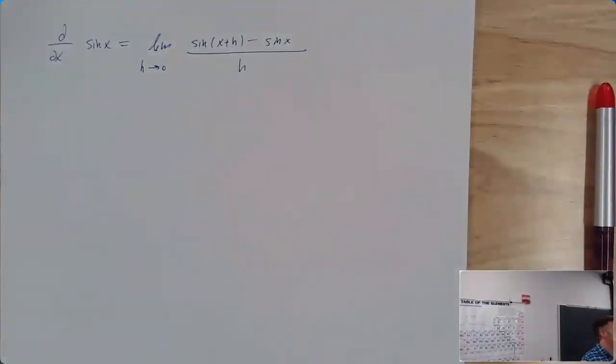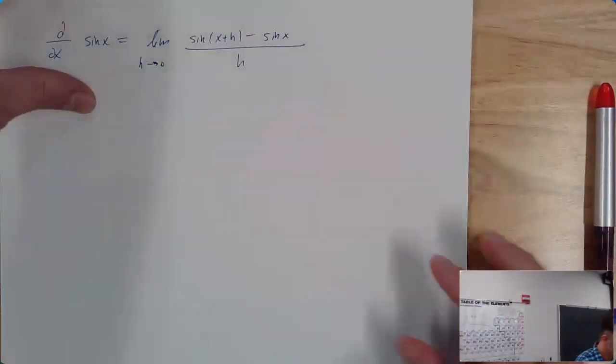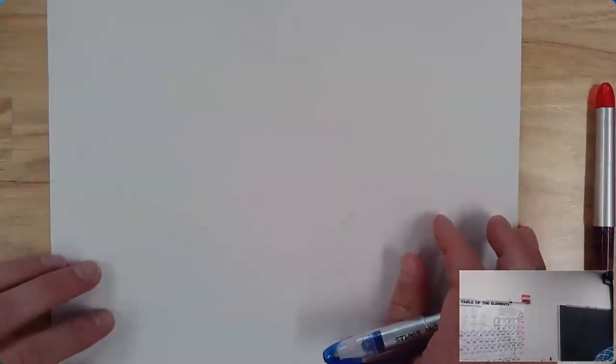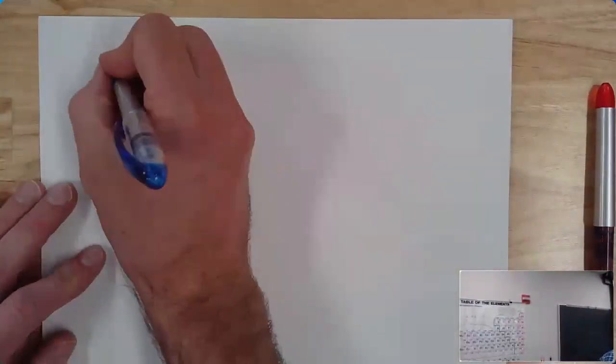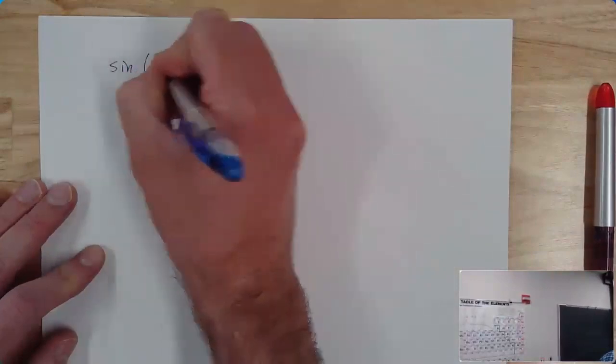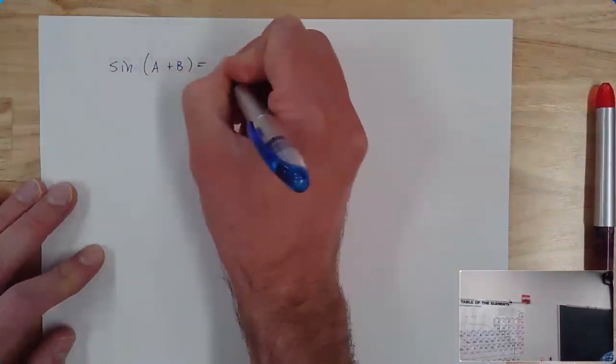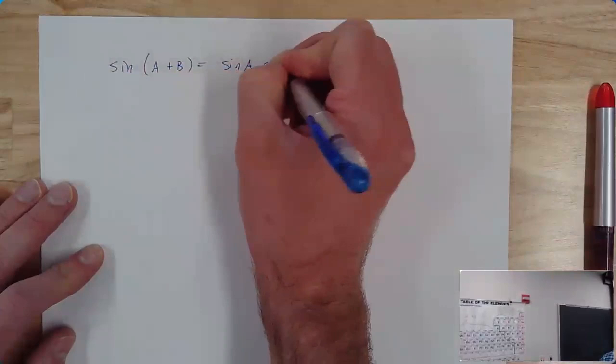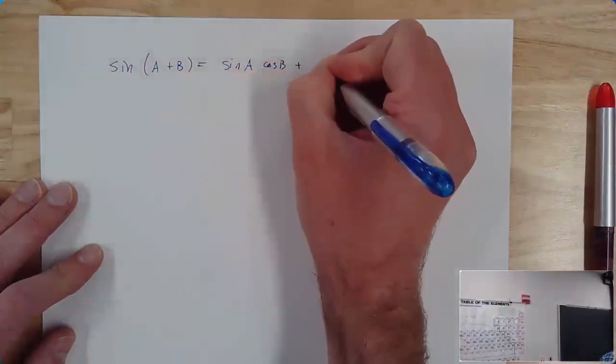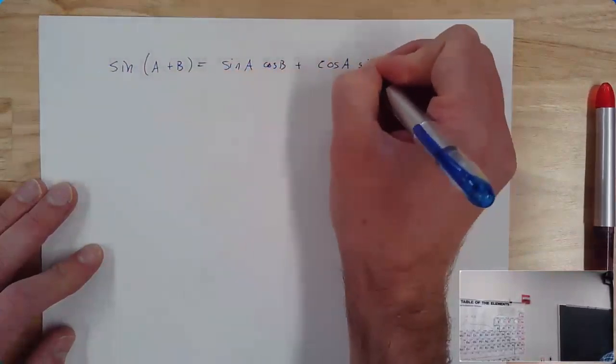And here is where you have to use the angle sum formula to be able to do anything. Just as a reminder, I know it's not my favorite formula, to be perfectly honest. One I have a hard time remembering. Sine of a plus b is sine a cosine b plus cosine a sine b.